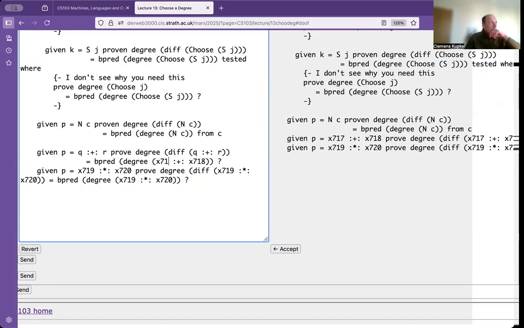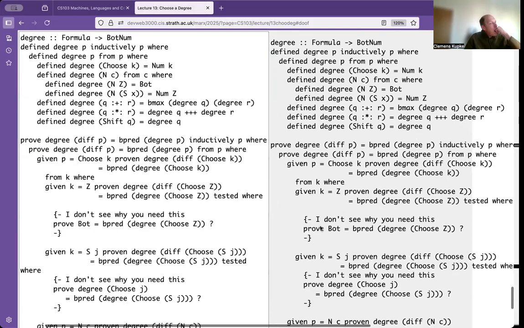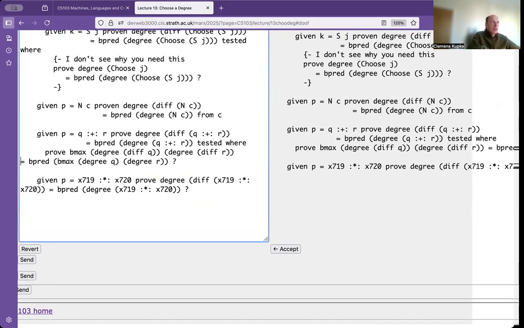But here we have Q and R, and then we're going to say test. And I'm going to put a bit of space in there. Hit send. Right. Okay.